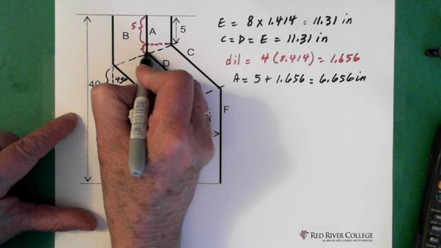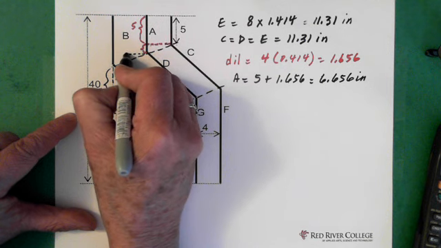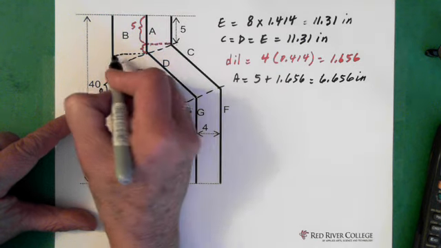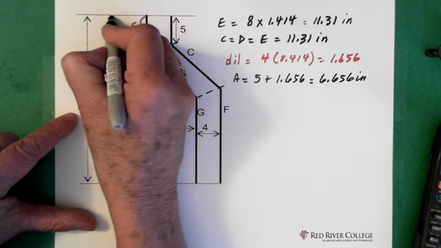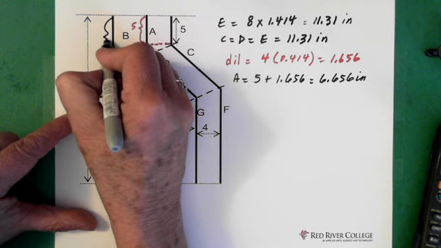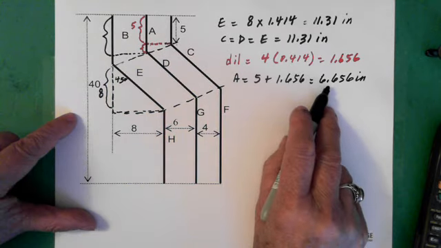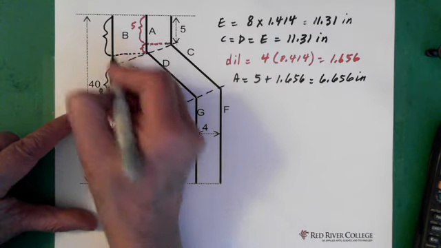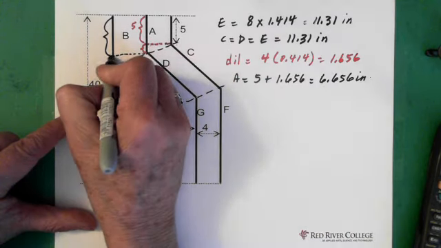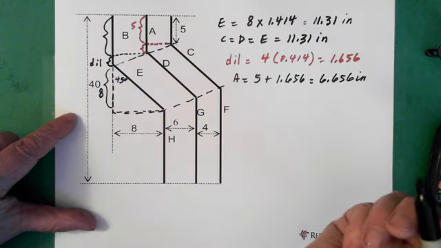We draw a line straight across from the bottom of A, perpendicular, all right? So then this distance here has to equal A. So it's got to be 6.656. And what we want to solve for is this little piece here, which is the difference in length, okay?